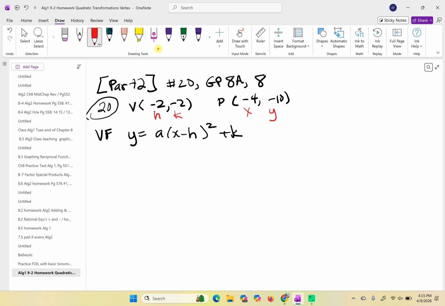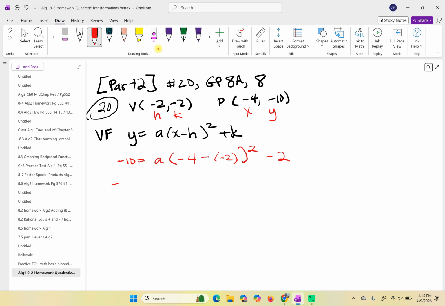So y is -10. We don't have a value for a. We're going to do all this in order to solve and find out what a equals for this equation. X is -4. H is -2, so that's -2. K is -2.